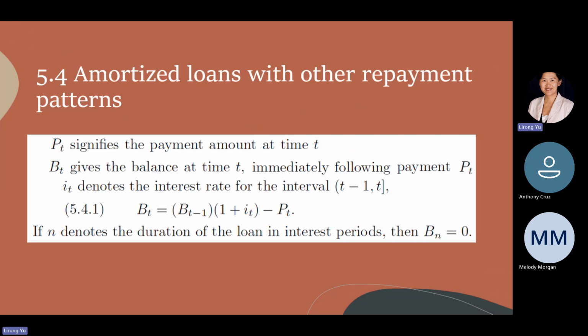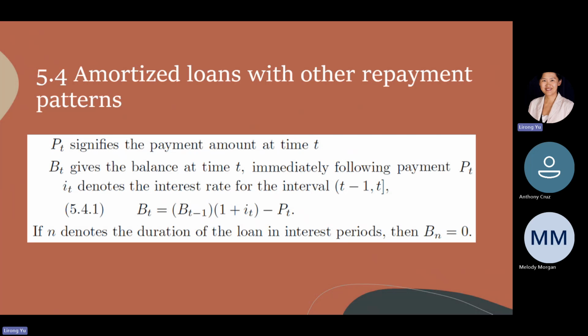Here we're going to introduce a few more notations so we can have a more systematic way to compute them. PT represents the payment amount at time t. So we're no longer using Q because we're not assuming the payments are the same anymore. BT represents the balance at time t, replacing the outstanding balance notation OLB I used to write in the past.